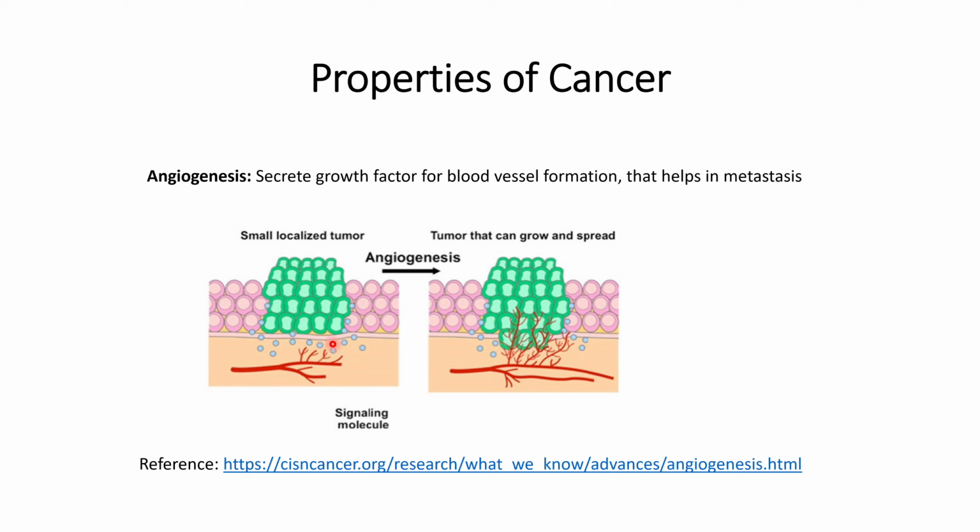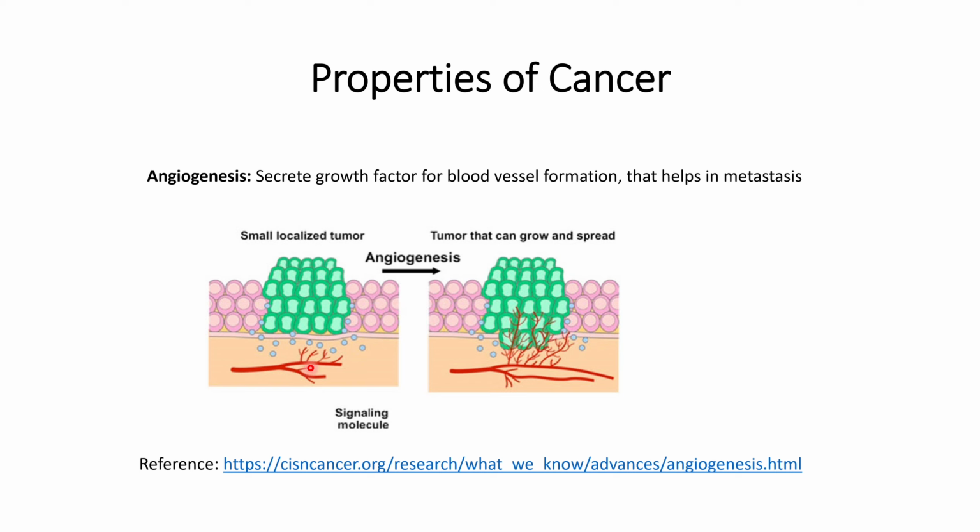Because if there is no blood vessel formation, cancer cells might grow only to a certain extent, let us consider a rough estimation of about 1 million cells. In order to grow further, they need an instrument to supply them blood, oxygen, and other nutrients. A very efficient method to do this is to have a blood vessel line.